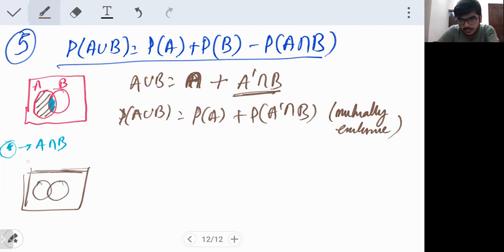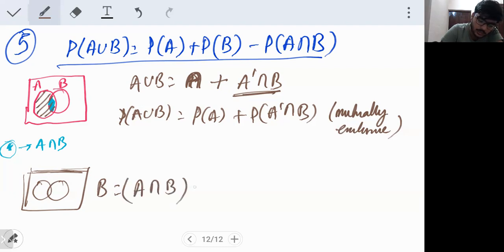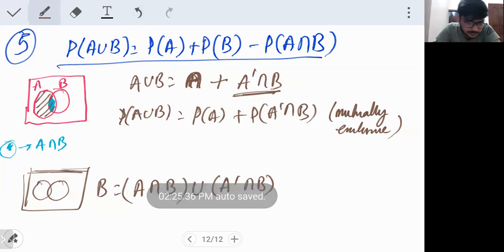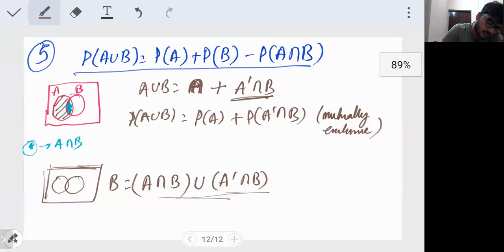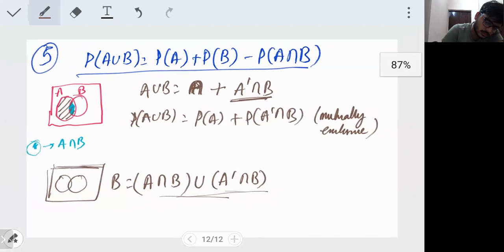So this was A intersection B. Now if we say what B equals, B will be equal to the A intersection B union with A dash intersection B. We have defined so far this. So let's try it on this page itself.